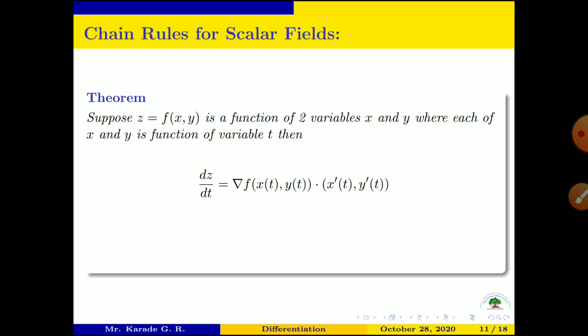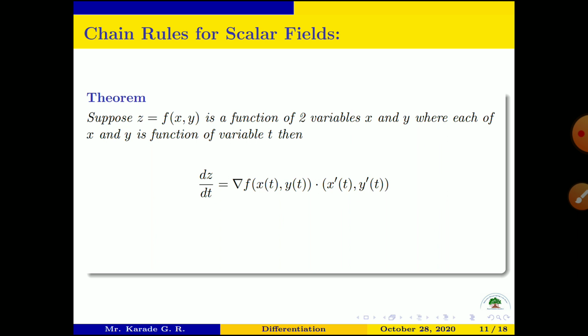It is nothing but the gradient of f of x comma y dot product with x dash comma y dash. Once again, the derivative of z with respect to t is equal to the gradient of f of x(t) comma y(t) dot product with the vector x dash t comma y dash t. Here the dashes are nothing but the first derivatives of the functions with respect to variable t.